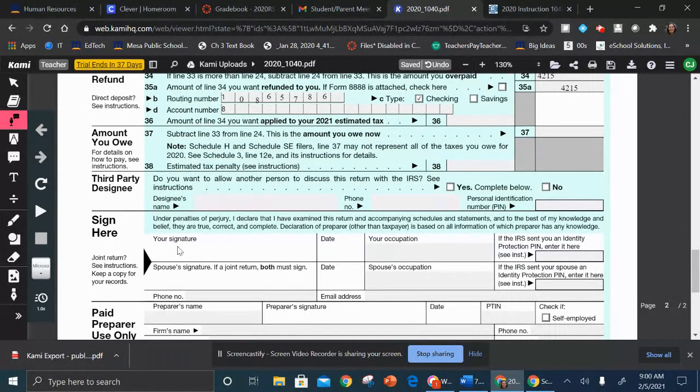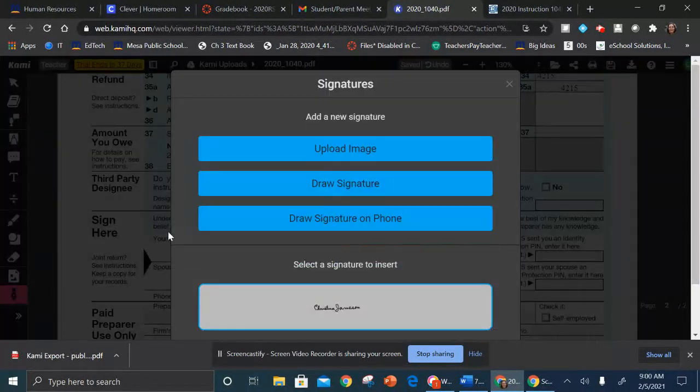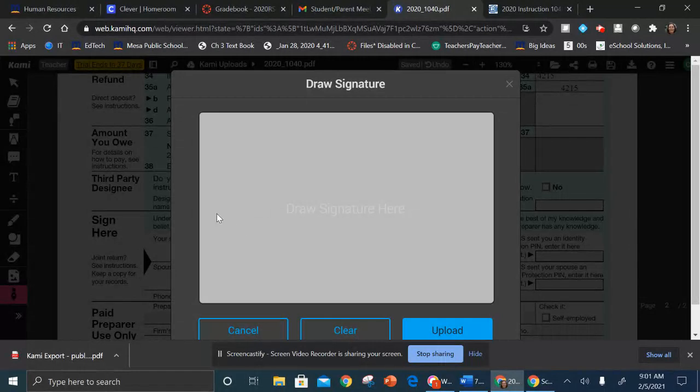Okay, and then of course everybody, you're going to sign it. That's the advantage of using Cami, everybody, is you can actually sign it.